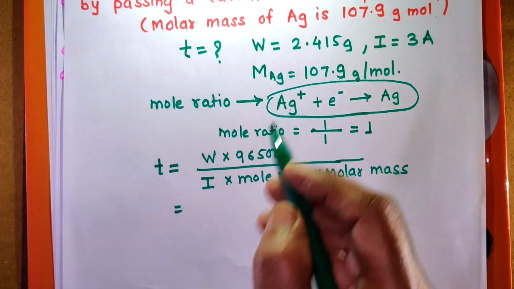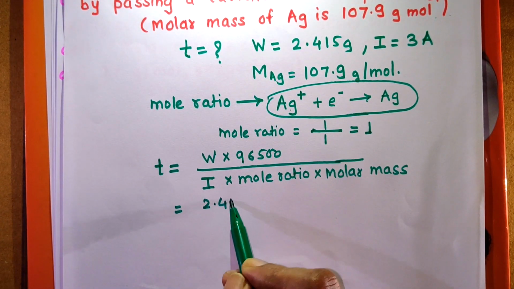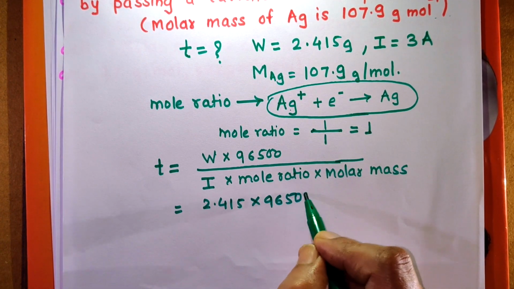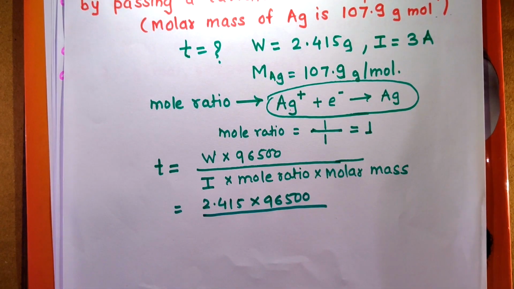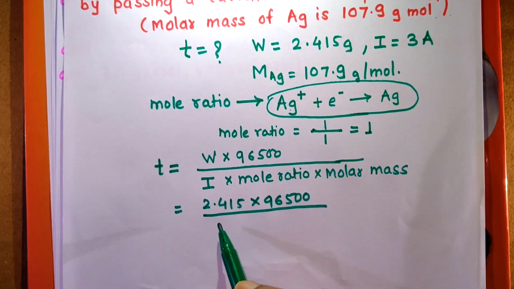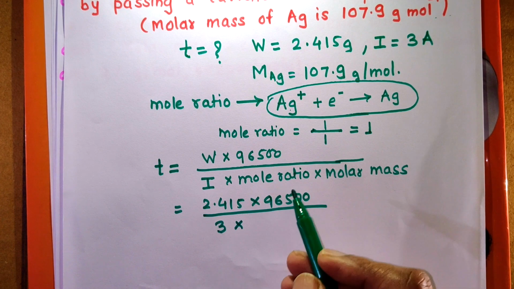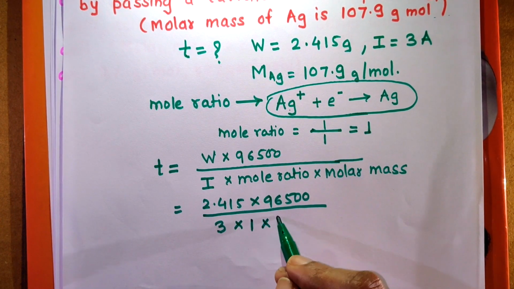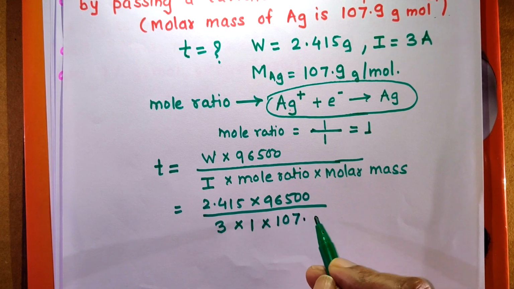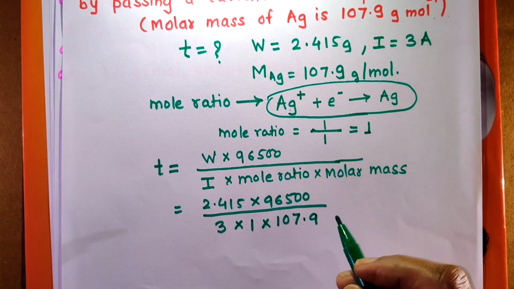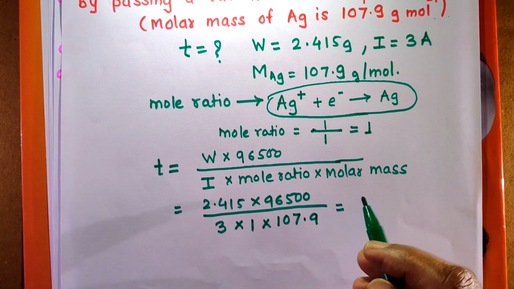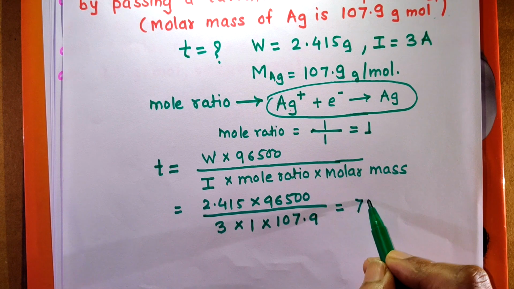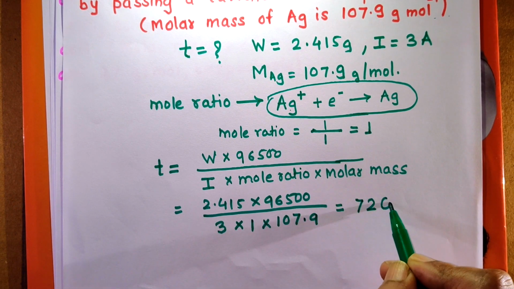W is equal to 2.415 into 96500 upon I, which is given as 3 amperes, into mole ratio, which is equal to 1, into molar mass, which is equal to 107.9. So you have to calculate this by using a log table, and this value will be obtained. It is equal to 720.